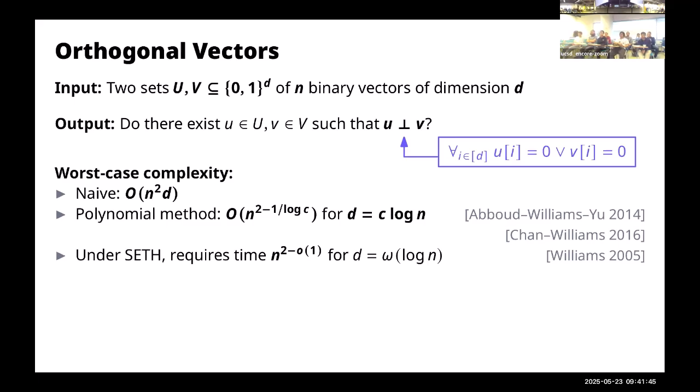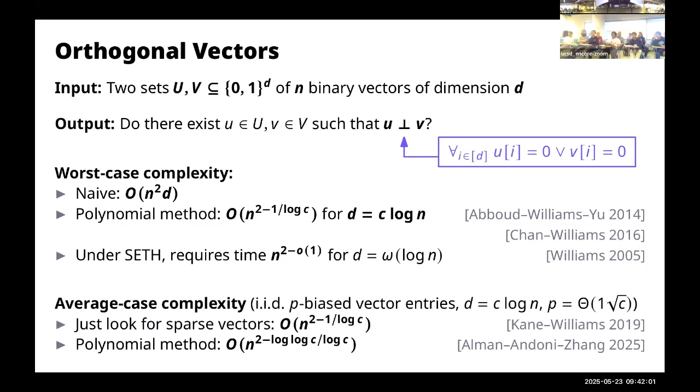This is about the worst case, but what happens in the average case? If you just draw vectors with IID random entries, with probability of 1 being p and of 0 being 1 minus p, then first of all, the interesting regime is when p is roughly c over the square root of d.